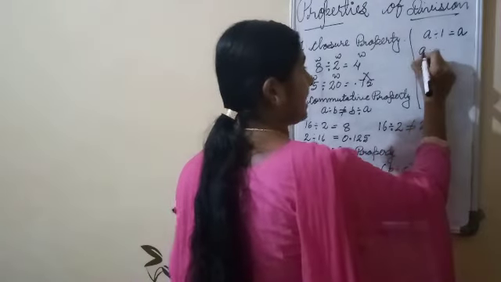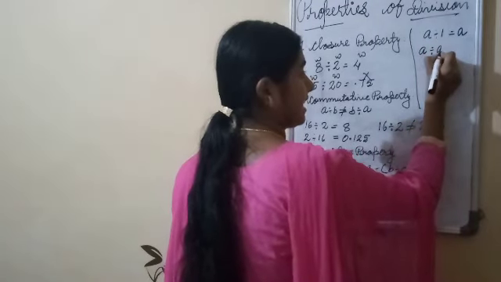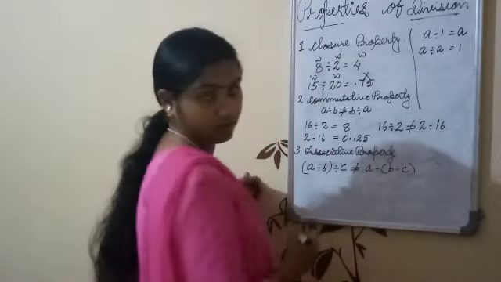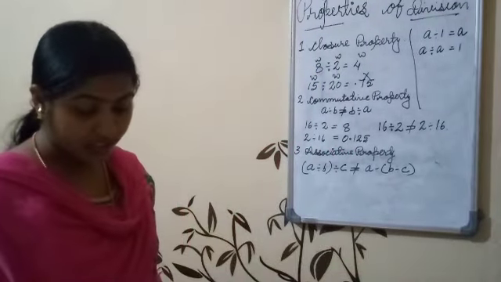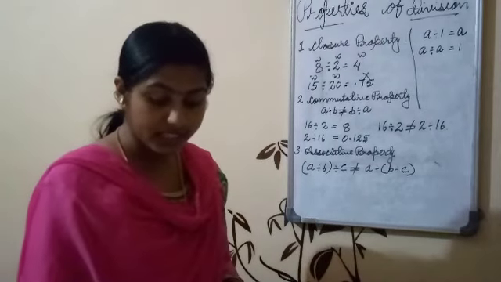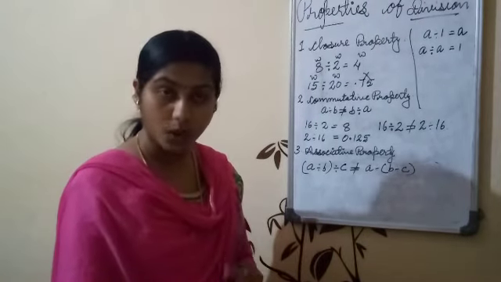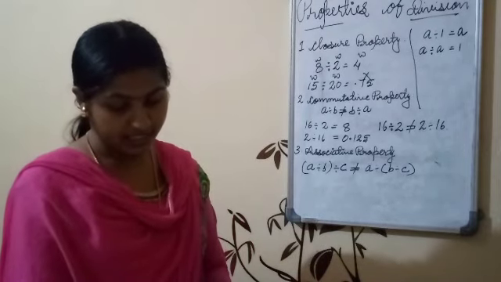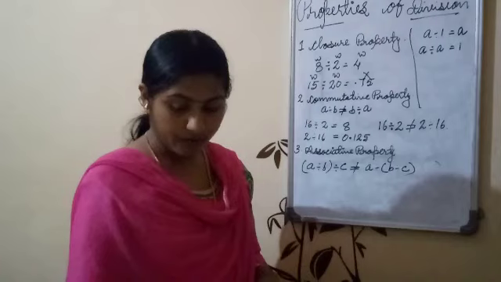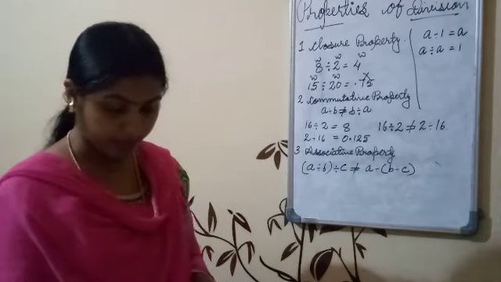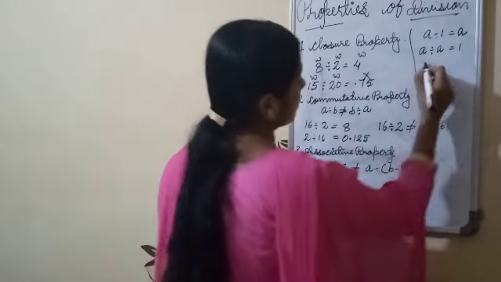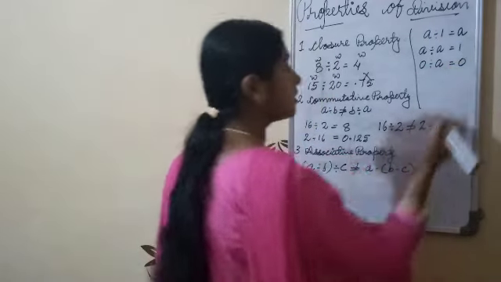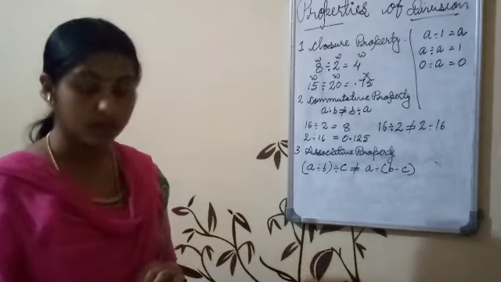That means A divided by A equal to 1. Then next, if 0 is divided by any whole number except itself, the quotient is always 0. That means 0 divided by A equal to 0.